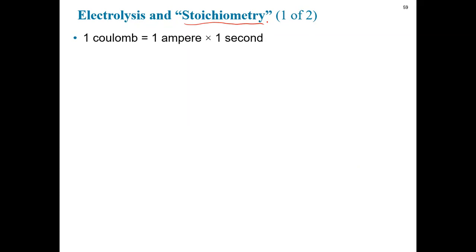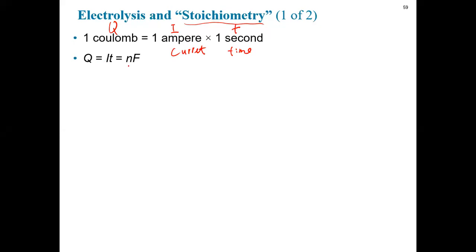We have the current, electrical current, and time. Usually you use I for the current, and T for time. Therefore this is Q. So we have the equation Q equals I times T.